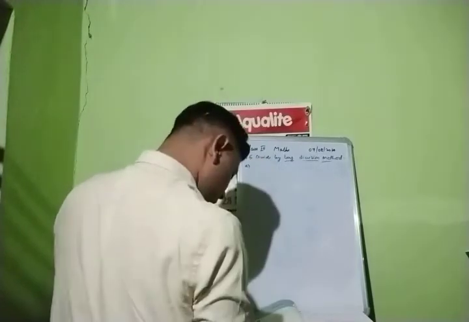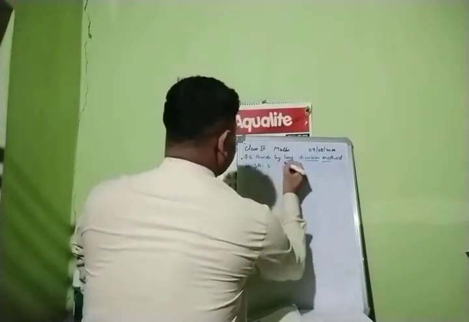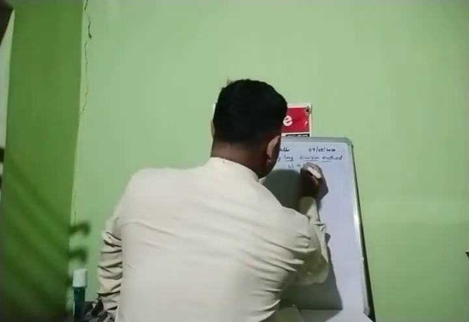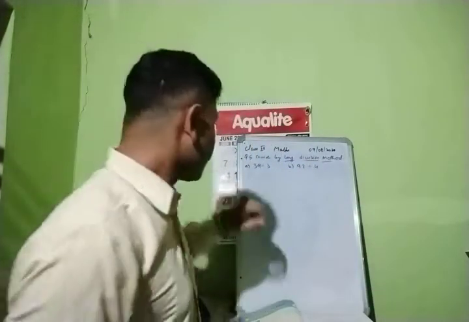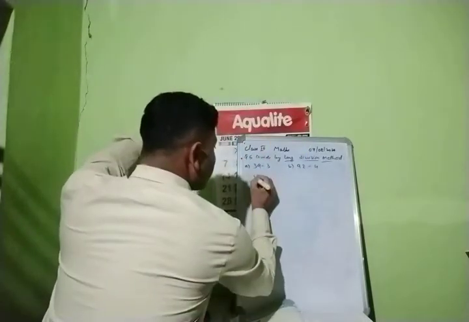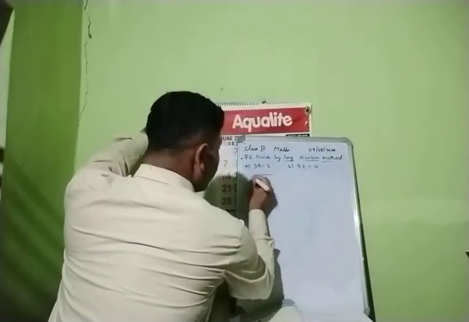Number A, 39 divided by 3. Number B, 92 divided by 4. Alright, now see, 39 divided by 3, yes or no? That means we have to make a long division box, with 39 inside and 3 outside.